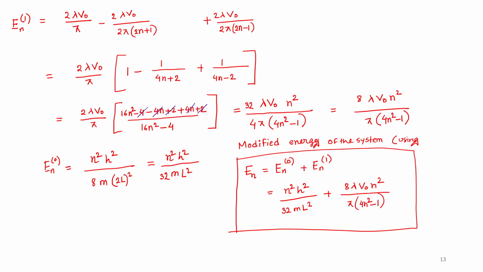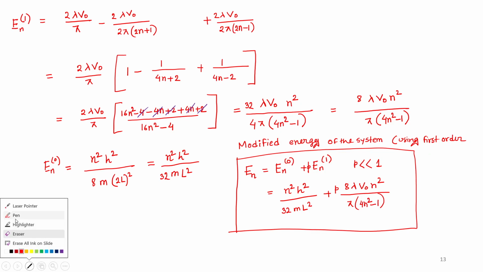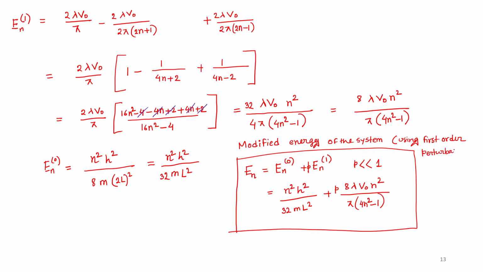No, in this case, we are already using one lambda, so I can write maybe p, where p is less than 1, using first order perturbation theory.